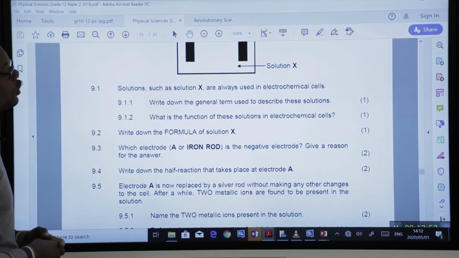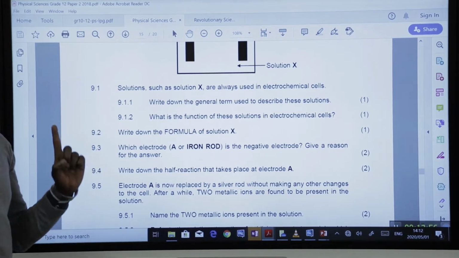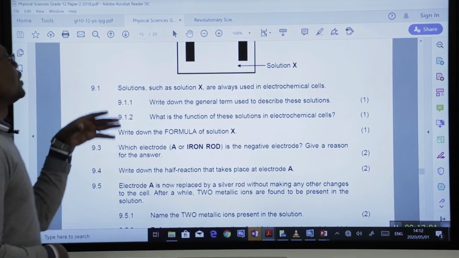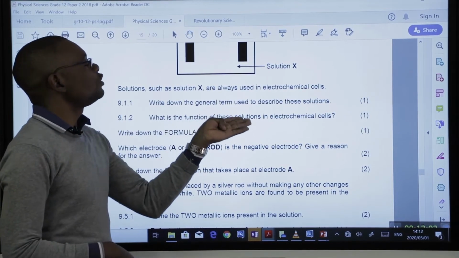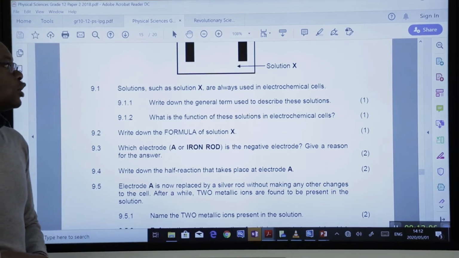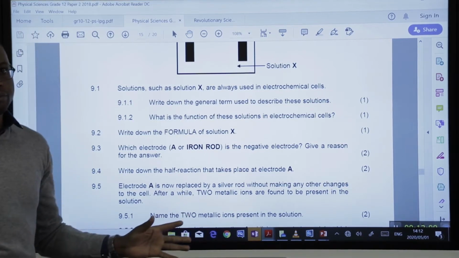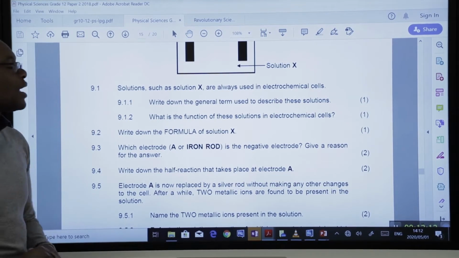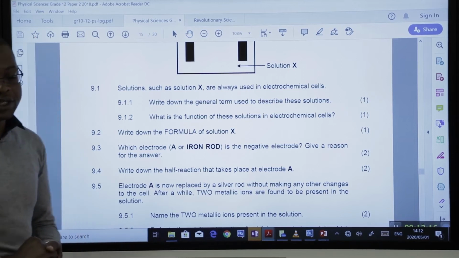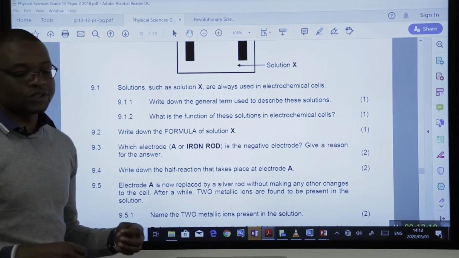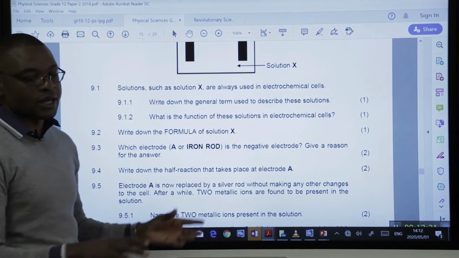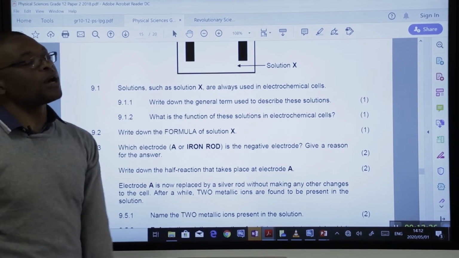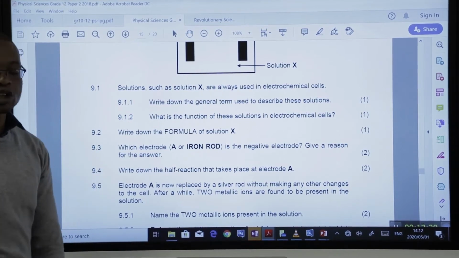So here's the first question. Boys and girls, I want you to see that this is just for 1 mark, so it shouldn't give you much trouble how to address this question, okay? They're saying, write down the general term used to describe these solutions. Oh, ladies and gentlemen, this is very simple and straightforward, because we know that any solution which is made up of ions that are able to carry around electrons in an electrochemical setup is called an electrolyte.